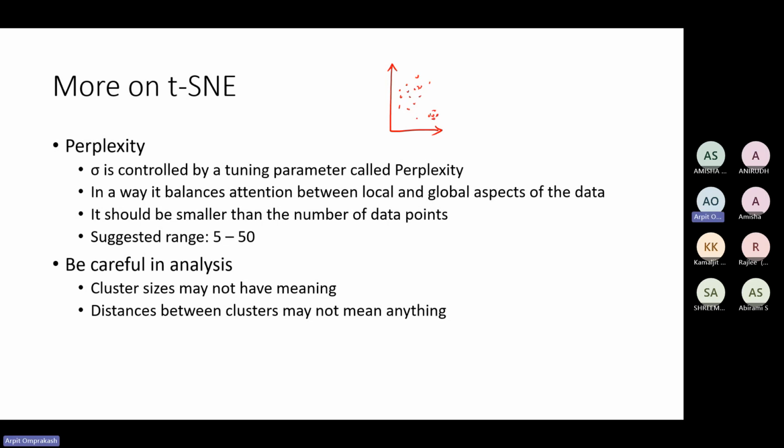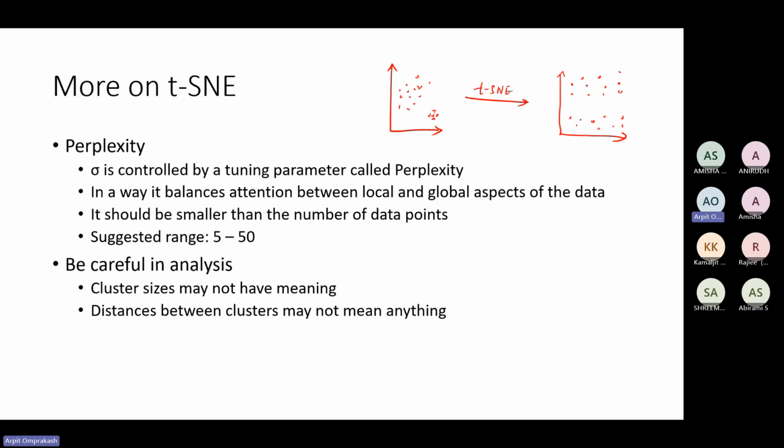This is a very varying group, and this is the slightly less varying, very concentrated group. But after you do a TSNE, let's say your points get mapped into some other space where they look like this. So the upper and lower points both look similar. Now again you have two clusters, but the variance has changed.